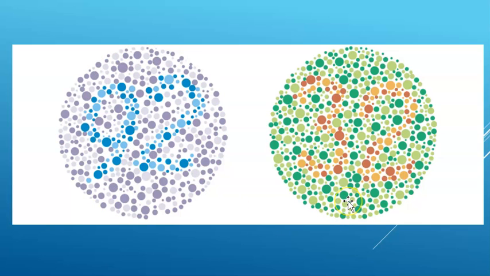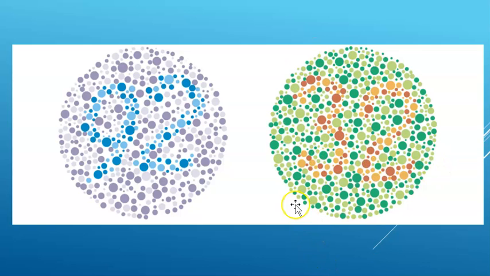Now the second one is for red-green color blindness. We have green dots all around it with red and orange dots in the middle, making up the number 32. Again, if they're missing the red, then they're going to process the 32 as green.